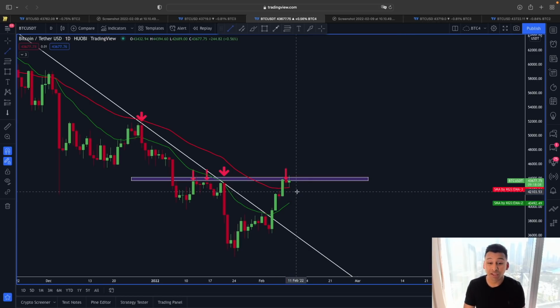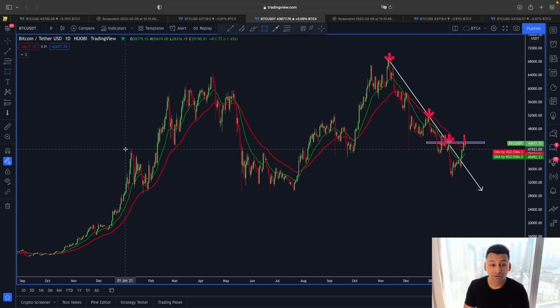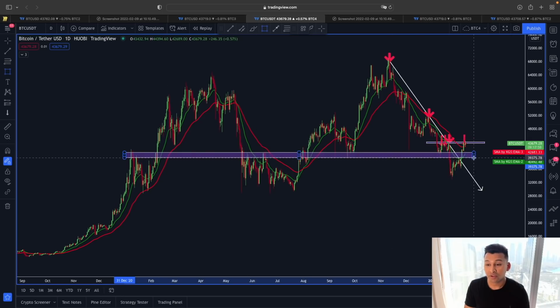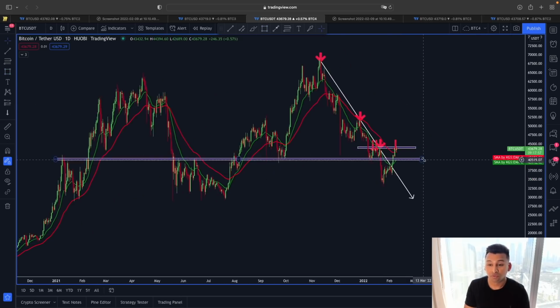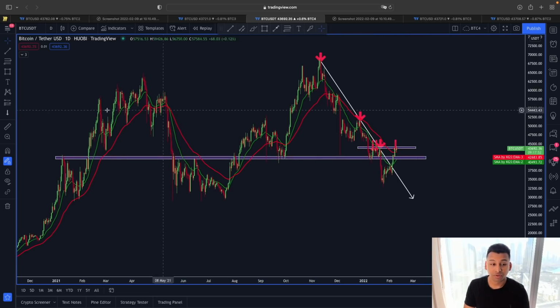As I've always said, it does actually make a lot of sense, because if you go back all the way from 2020, you can see why this price range of 41,000 is a very important line for us, because this same line was a strong line of resistance, and also a strong line of support.